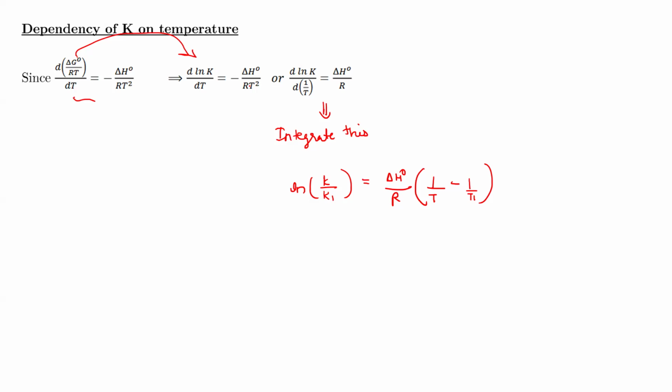Now I am representing this delta G naught by RT as ln of K. When I take the T square there and integrate from K1 to K and T1 to T, I get ln of K by K1 is equal to delta H naught by R into 1 by T minus 1 by T1.